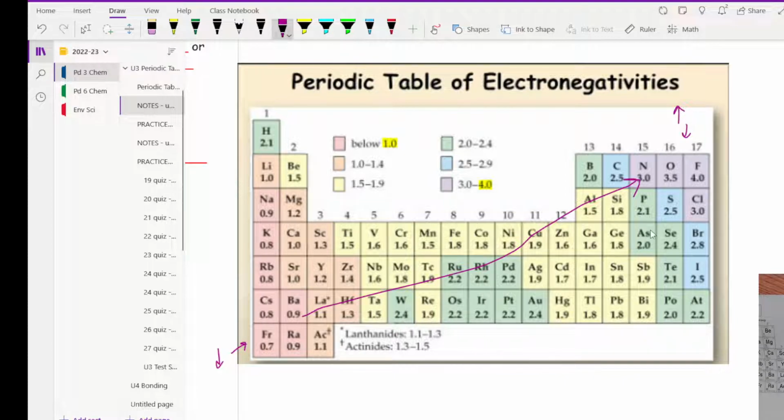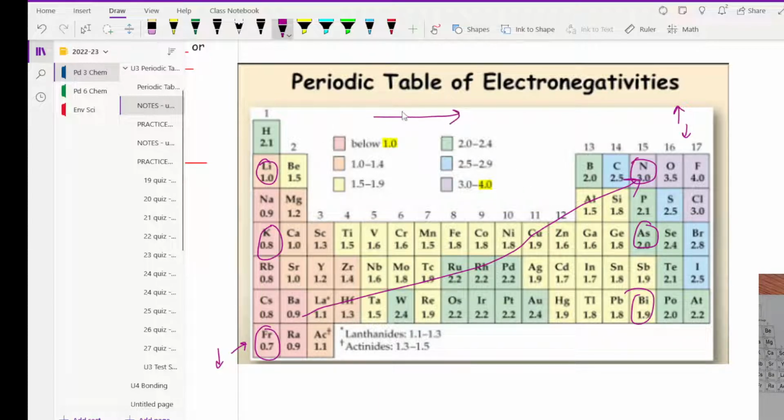So we'd expect astatine to have a higher electronegativity than potassium. We'd also expect lithium to have a little bit higher than francium, and it does. You'll see that pattern. That electronegativity goes down a group. Nitrogen is 3, bismuth is 1.9, and it goes up across.